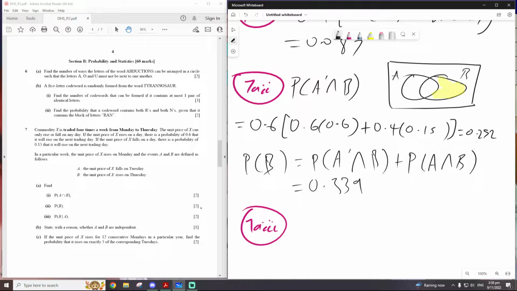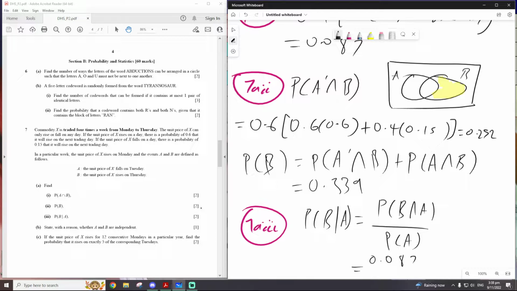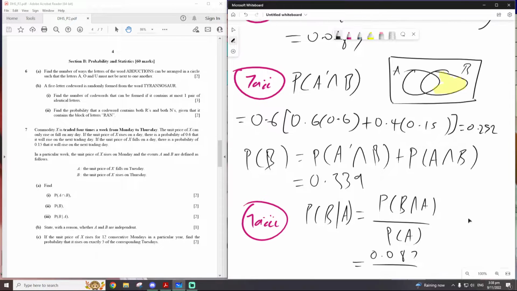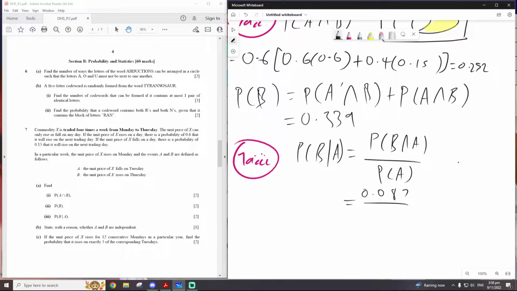So P(B given A) is P(B intersect A) divided by P(A). And P(B intersect A) is again 0.087, divided by P(A) itself, which is 0.4. Which is 0.2175.